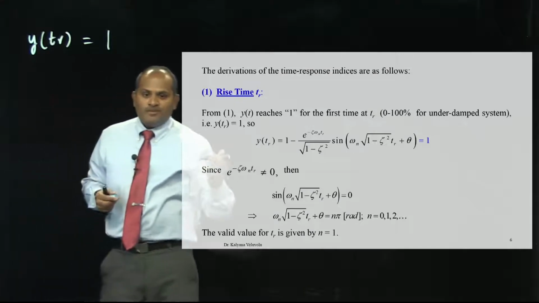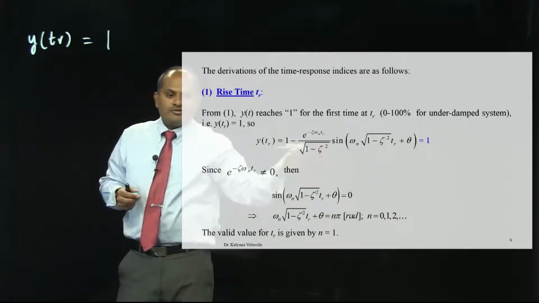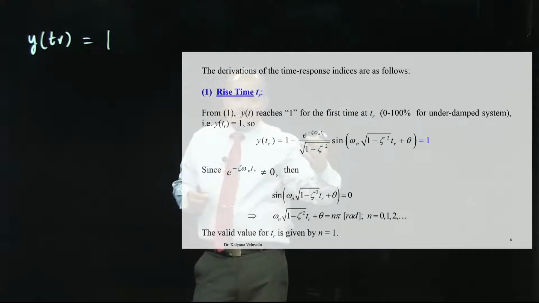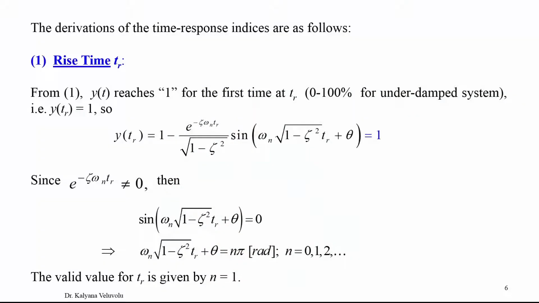Use this expression and equate it to our system. So, 1 minus e power minus eta omega n tr into the sine term, with omega n root of 1 minus eta square tr plus theta, equals 1.